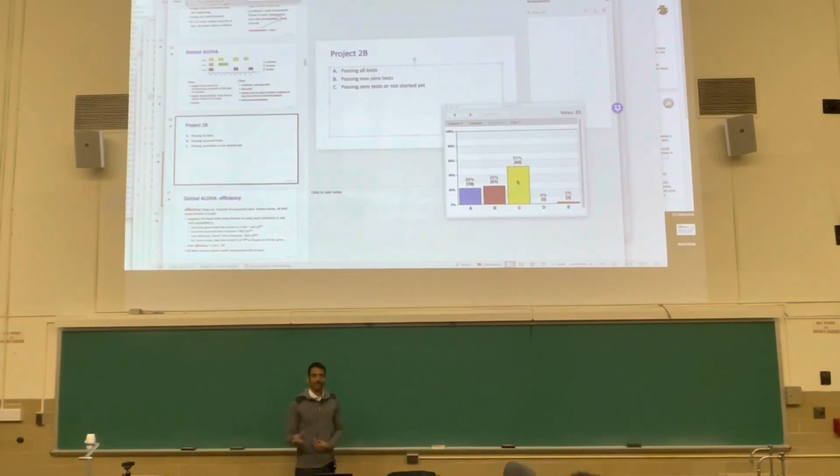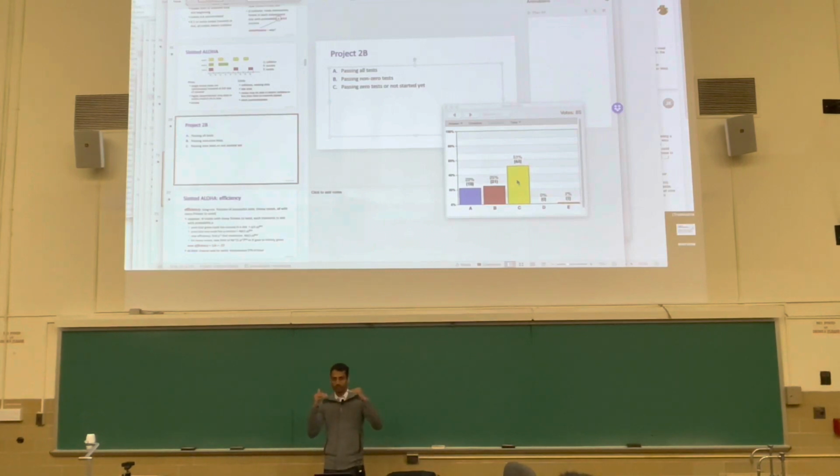Well over half the class is passing at least 10 tests in 2A when I checked last on the leaderboard. So that should be the case for part B as well. At this point, in part B, it's a two-tuple that's going to matter: your correctness score and your speed score. This is all explained in the two Piazza posts related to 2B. Your speed is a secondary metric, right? It's a competitive setup on the leaderboard.